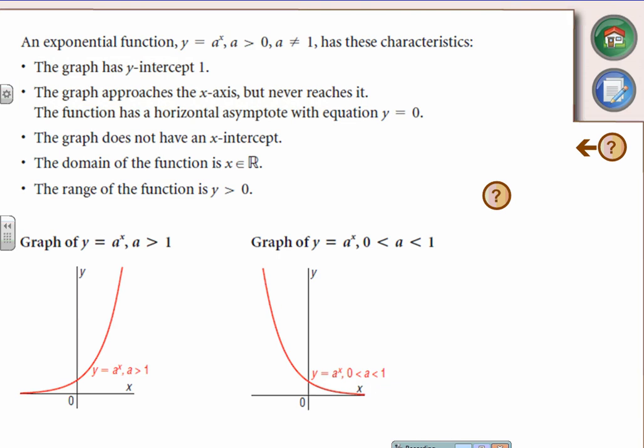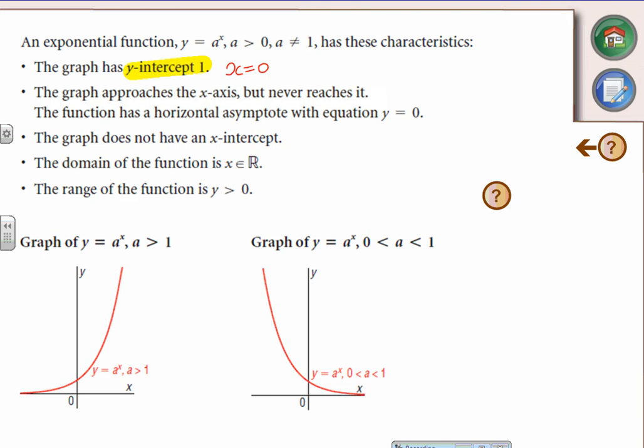We've got characteristics of these graphs now. First thing, the graph has a y-intercept of 1. And you should say to yourself, myself, why does it have a y-intercept of 1? And you say, okay, thank you, that was a great question. How do we find y-intercepts? Well, y-intercepts are when x is equal to 0.